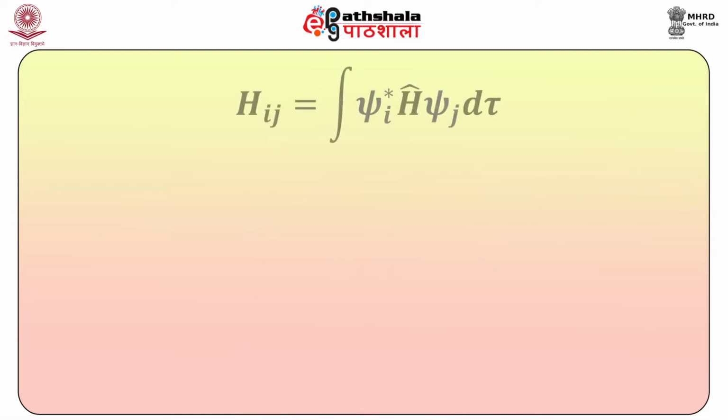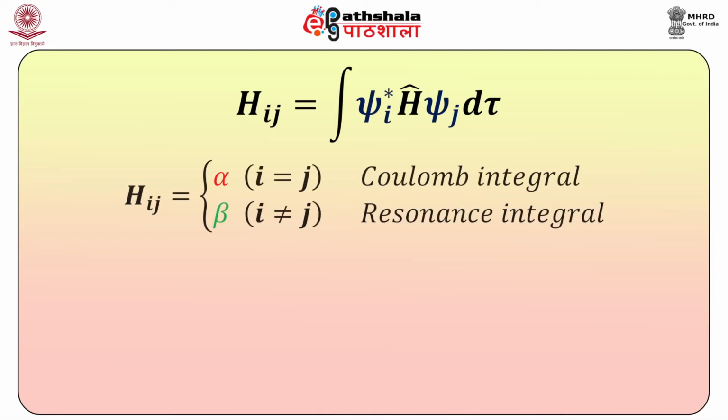So Hij, which is the integral psi i star H cap psi j d tau, if i is equal to j, then Hij is taken to be equal to alpha, which is called the Coulomb integral, and for i not equal to j, Hij becomes beta, and that's known as the resonance integral.